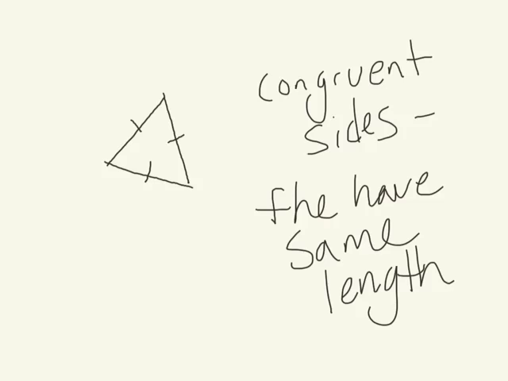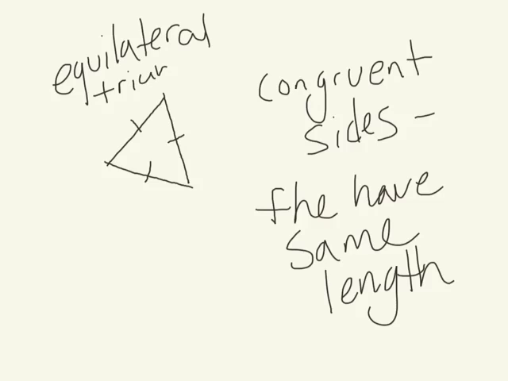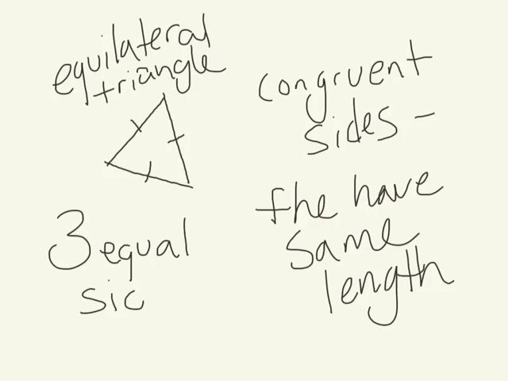So, in this case, an equilateral triangle has 3 equal sides. Or you could say 3 congruent sides.